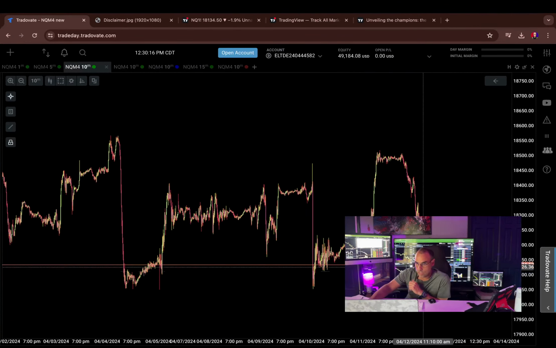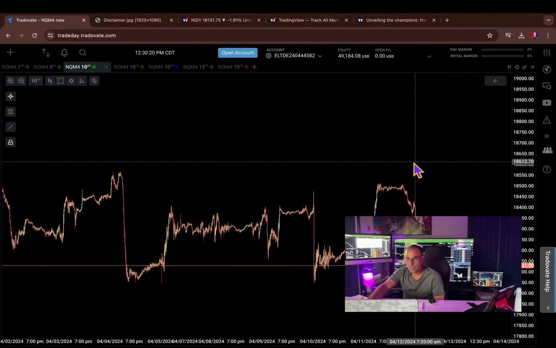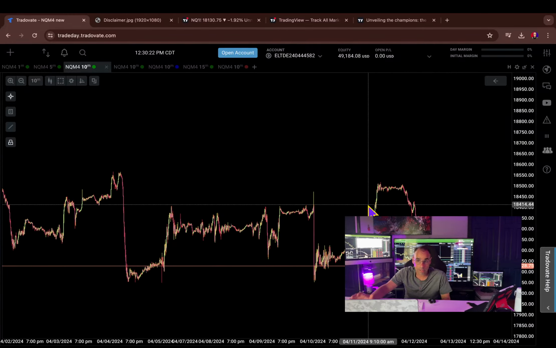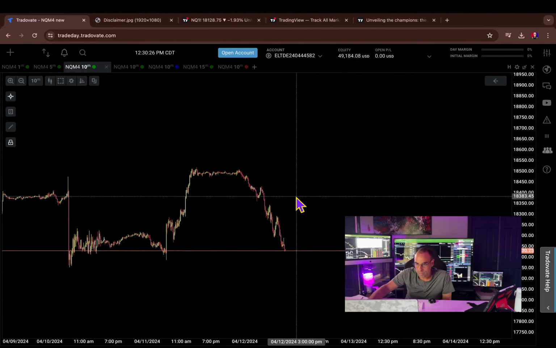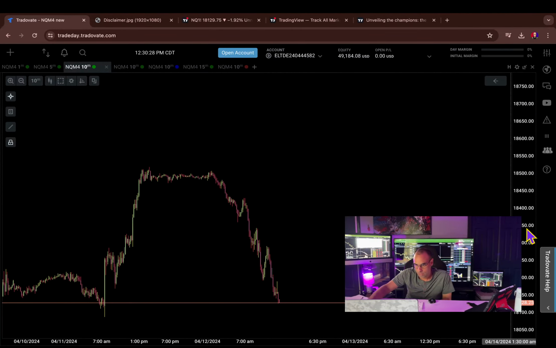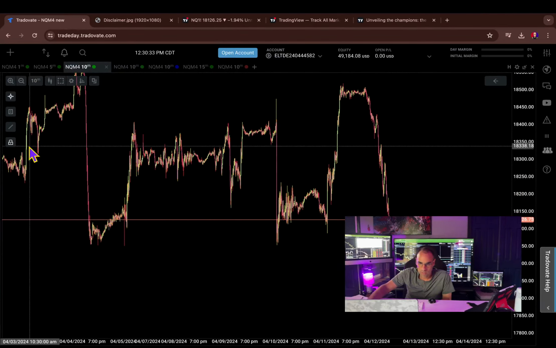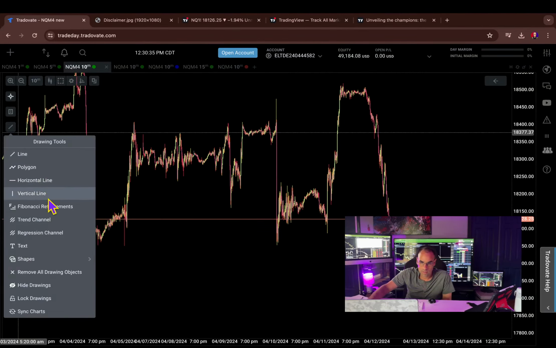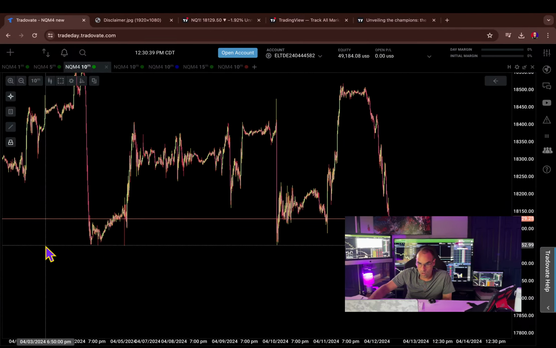Let's check out the 10-minute chart. It's dropping. No matter where you see it from, the price is tanking. So we got the low here.